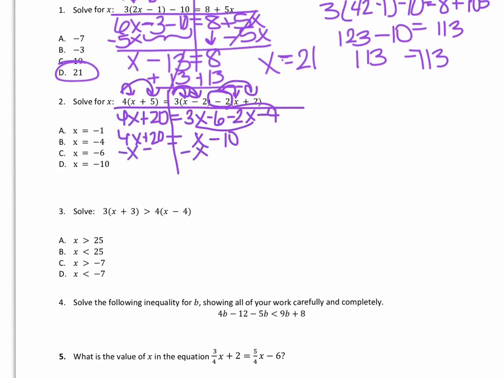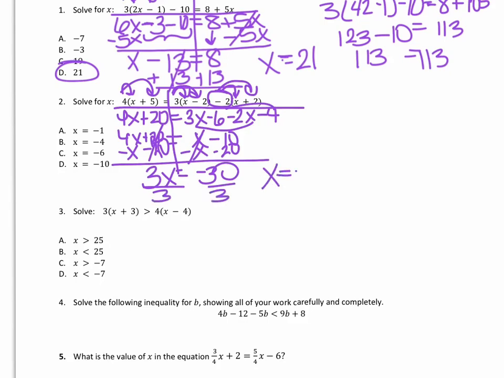And then since I'm trying to get the left side with just the x's, I'm going to minus 20 on both sides, if my stylus decides to work. So the x's will cancel and the 20's cancel, leaving me with 3x equals negative 30. Divide by 3, x equals negative 10.